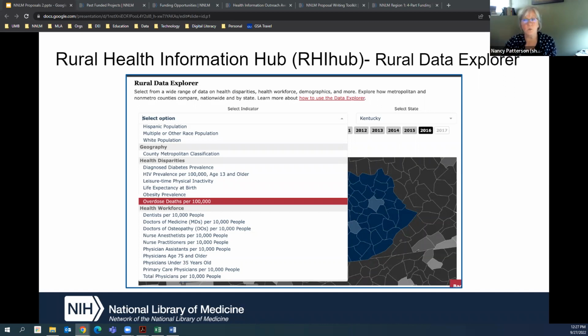I think the 2021 isn't quite posted yet, but in terms of information that's out there, you can get this breakdown of information and focus on your specific instances that you and your partners want to work on or want to highlight, or this can help you get buy-in from people. So I just wanted to show those two things quickly. These are not National Library of Medicine resources, I should say, but they're very, very good. And we will talk a little bit about NLM resources in a bit.